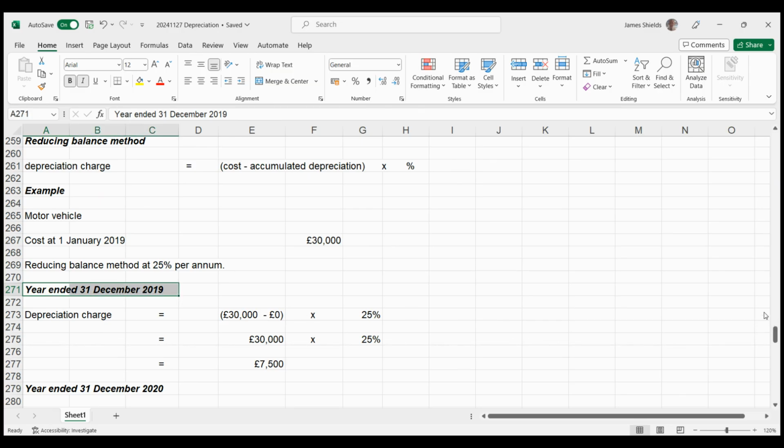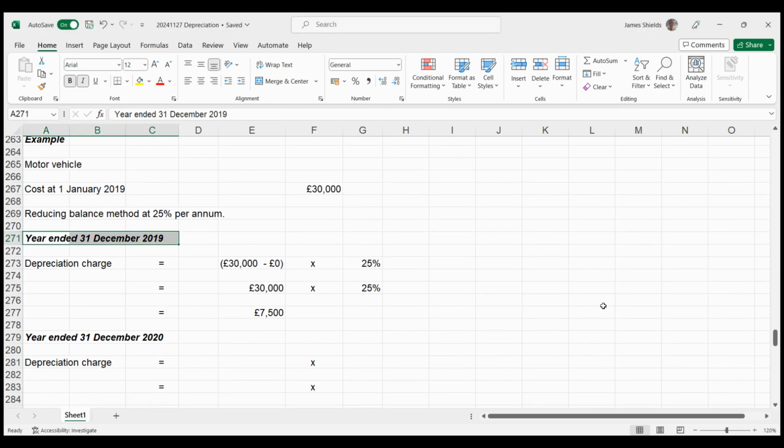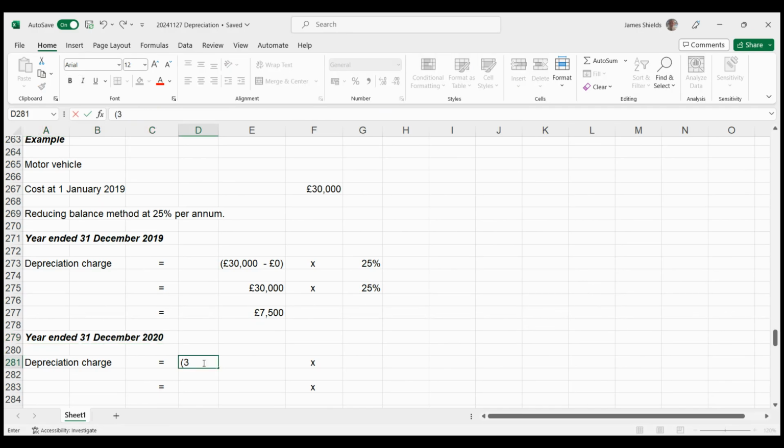Now it's going to change in the future years. So for the year ended the 31st December 2020, the depreciation charge is going to be the original cost, which was £30,000, take away accumulated depreciation. That's the depreciation of the previous years, and that's going to be £7,500. Then we times that by the 25%.